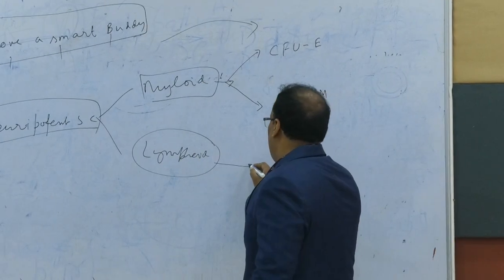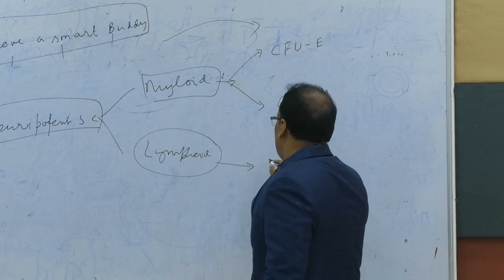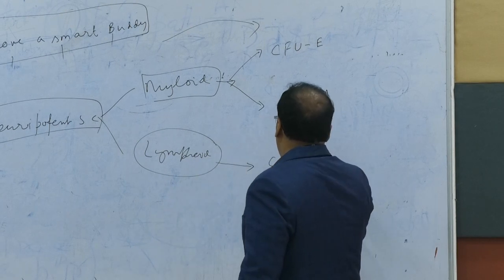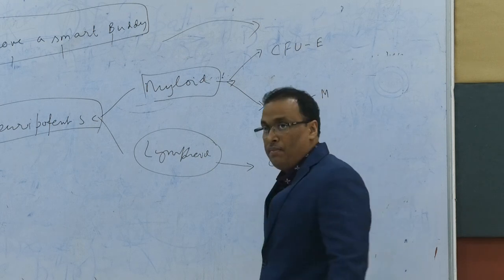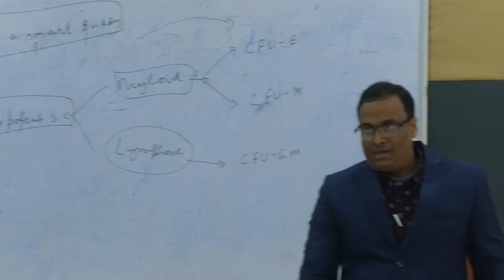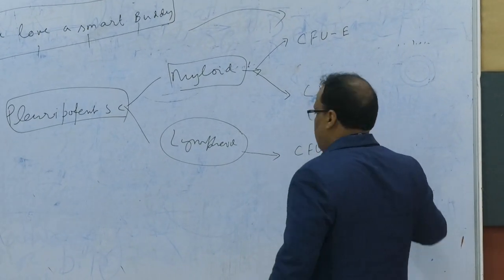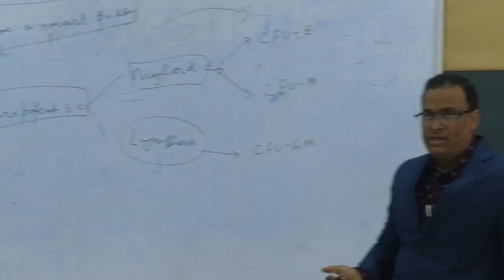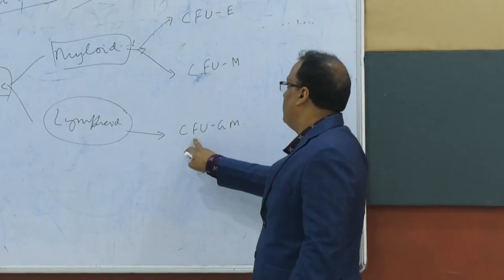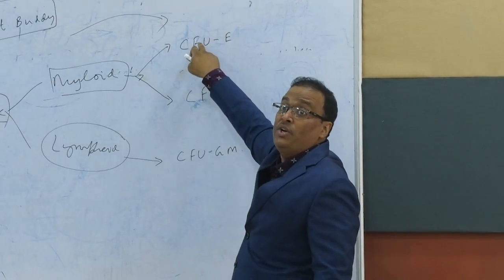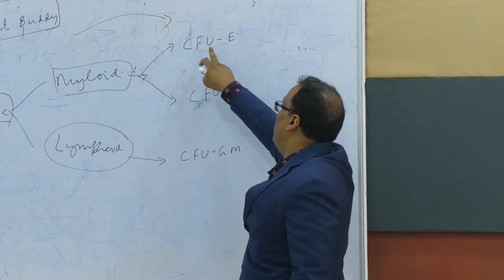And the other lineage gives colony forming unit GM, meaning granulocytic, which gives the granulocytes and also the monocytes. Granulocyte and monocyte is the GM. So this is a colony forming unit, CFU.